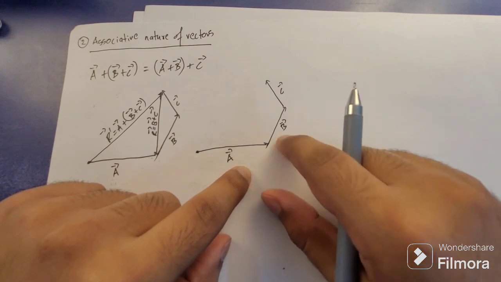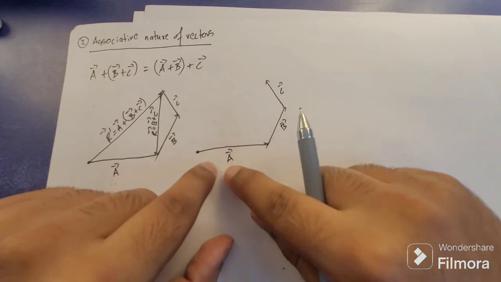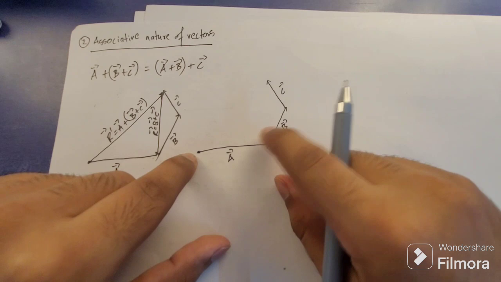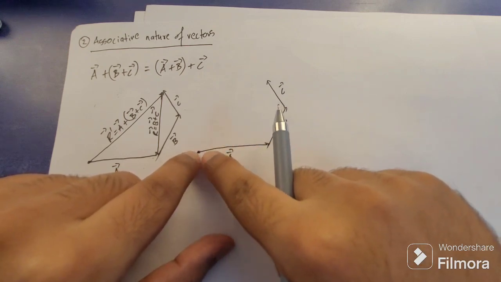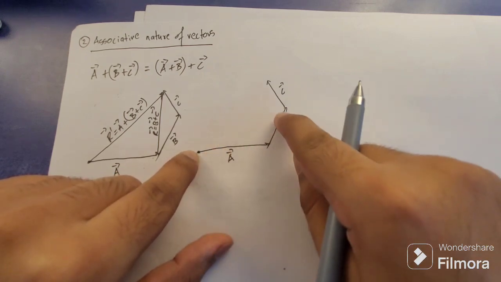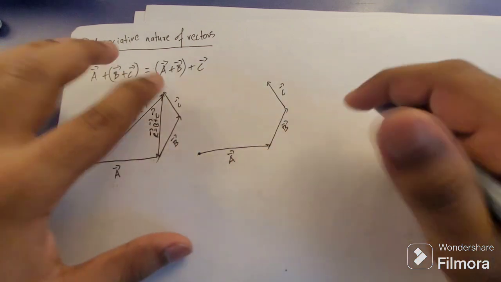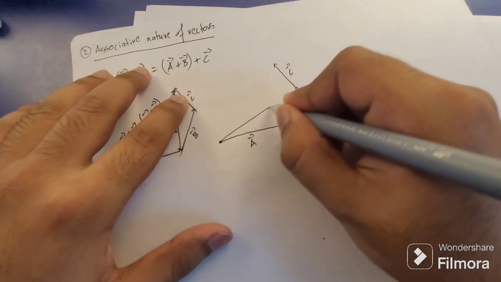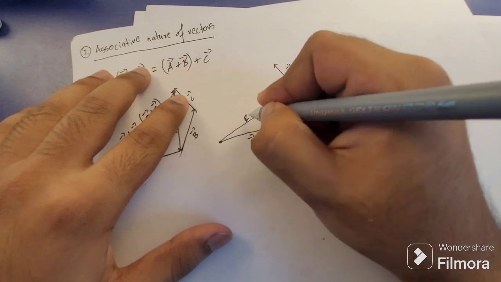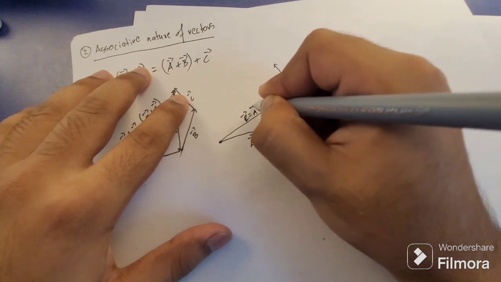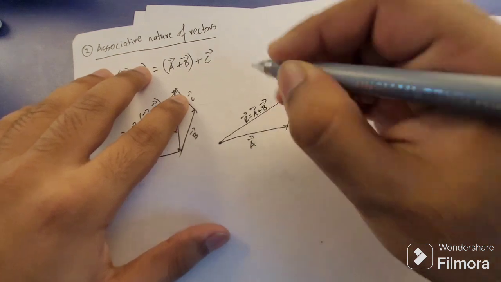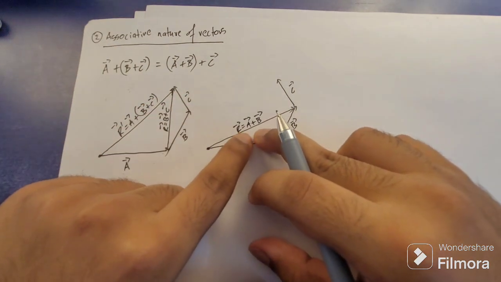Now again we can apply the triangle law of vector addition here as they are in a manner of continuation, and the resultant will be calculated by going from the start of the first vector to the tip of the last vector. So let us quickly draw that. So the resultant would be drawn something like this.